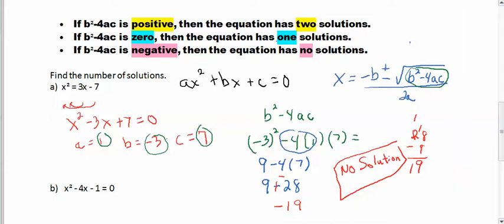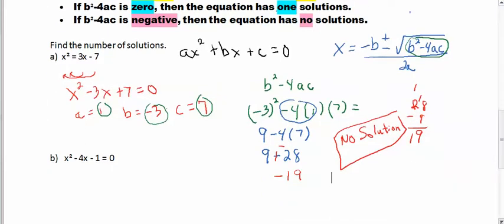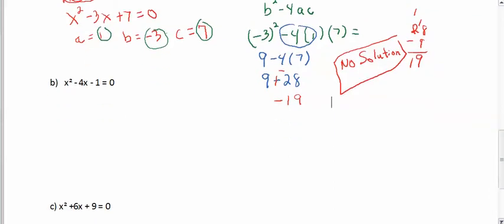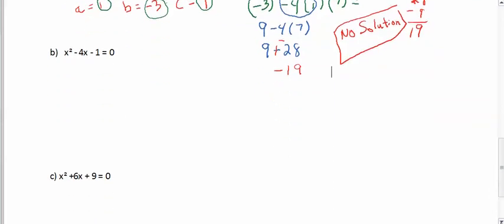Okay, now we're going to do the same thing with the next one. We're going to use our discriminant. First of all, ask yourself, is it in standard form? And it is. Our a is 1, our b is -4, and the c is -1. So again, it's b squared minus 4 times a times c. And we're going to do the math and find out what we end up with.